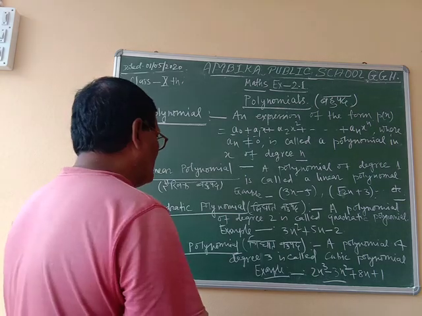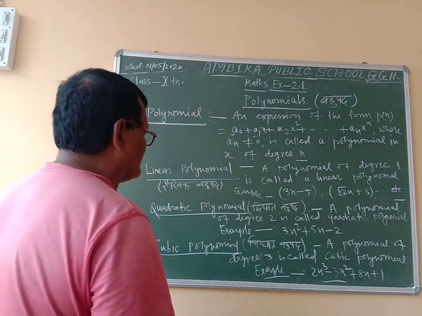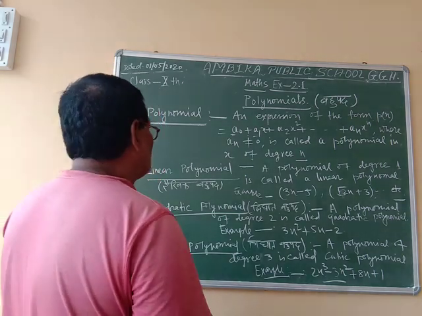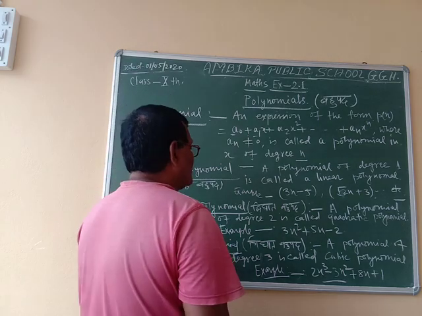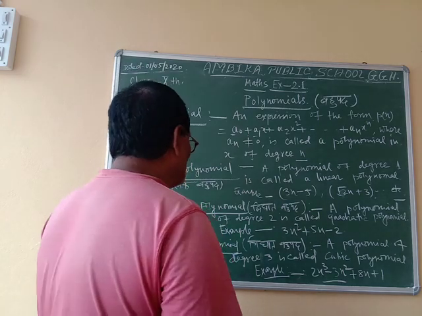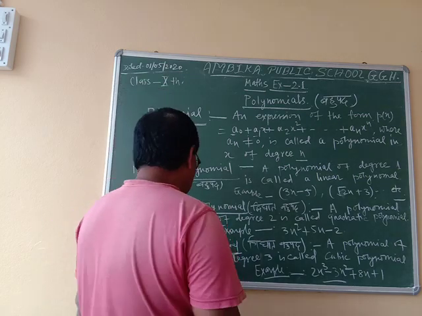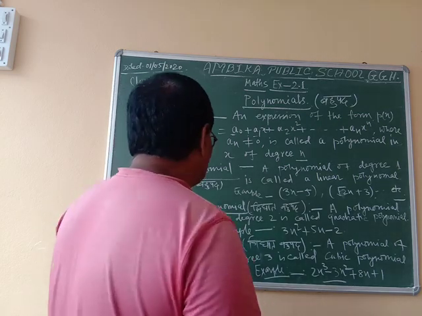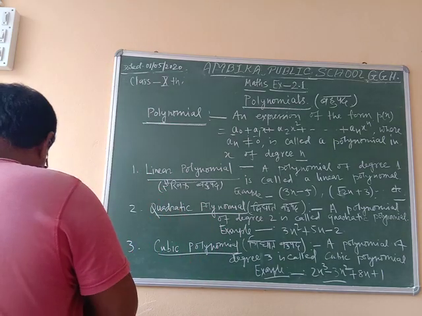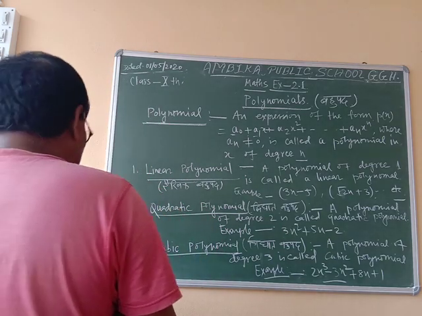A polynomial of degree 2 is called a quadratic polynomial. यदि polynomial में चर का घात 2 है तो उसे quadratic polynomial कहते हैं. And a polynomial of degree 3 is a cubic polynomial.